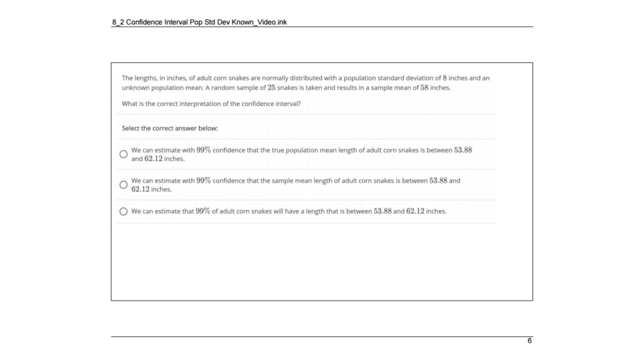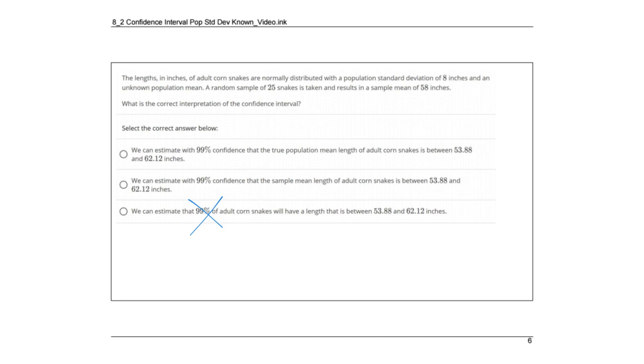All right, this is the same data. We've got the population standard deviation of 8 inches. We have the random sample of 25 snakes, the sample mean of 58 inches. And we found the confidence interval, but we want to interpret it now. So we always want to be confident. Therefore, we're not going to use this last one.